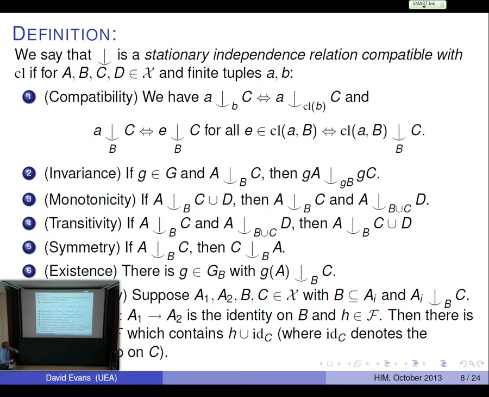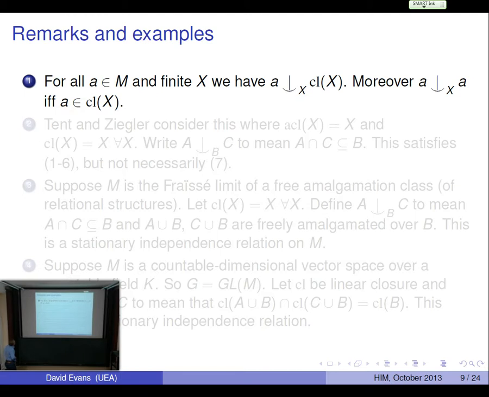Okay, so we've got this axiomatic framework. And if I've done it right, it implies some other things that really ought to be true. So for all A in M and finite X, A should be independent from the closure of X over X, and things like that. That comes from compatibility.